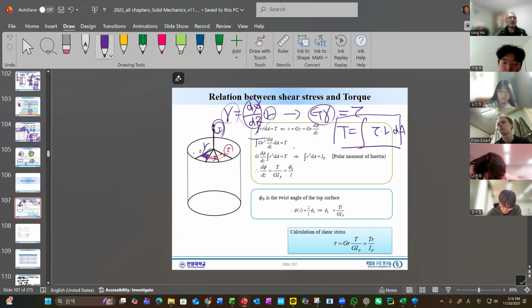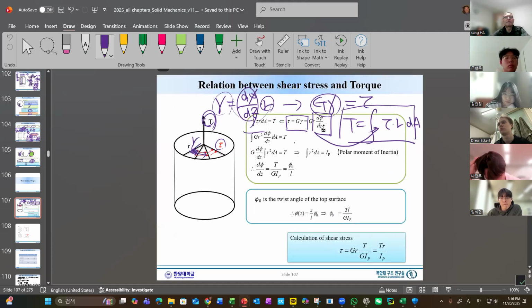So tau times R and this, and then the tau is G gamma, and gamma is R d phi dz, and put it here. This guy, put it here. Okay. I would like to magnify.